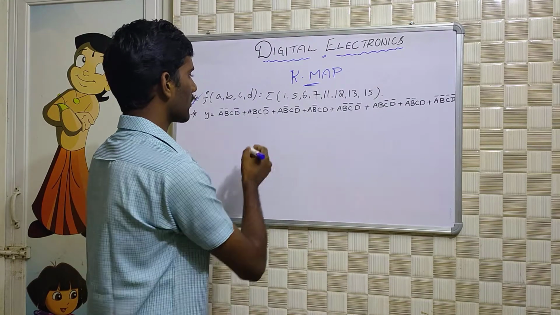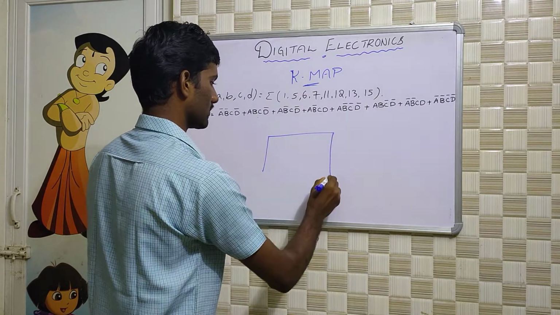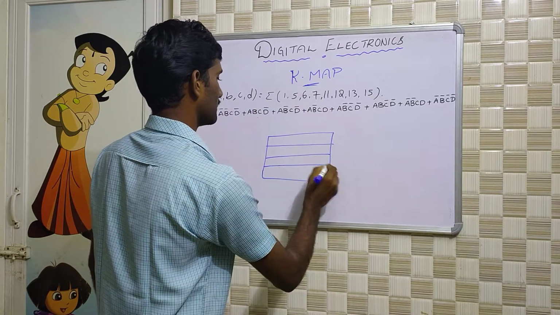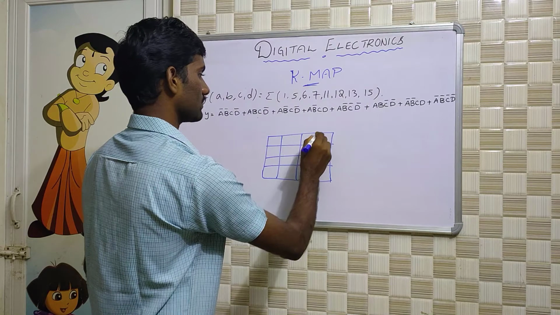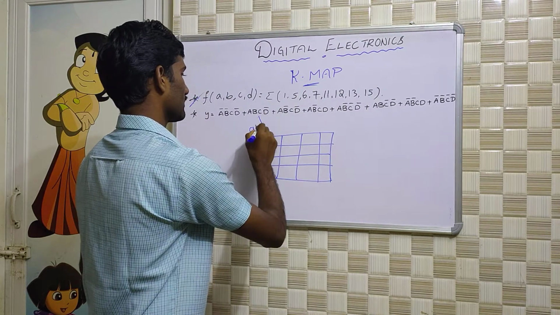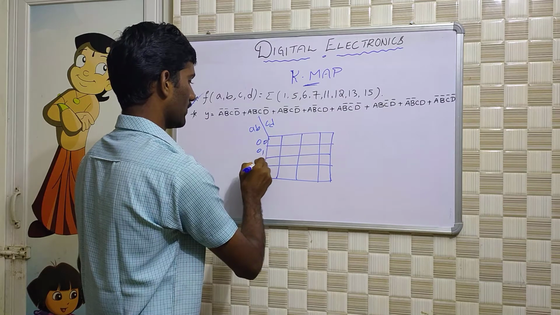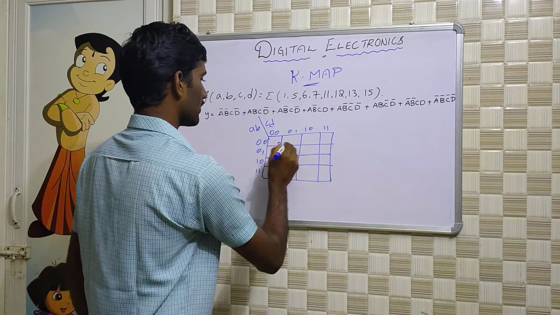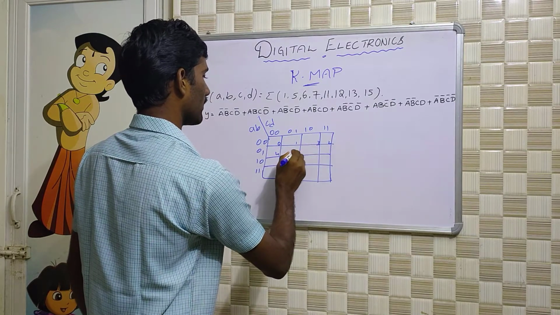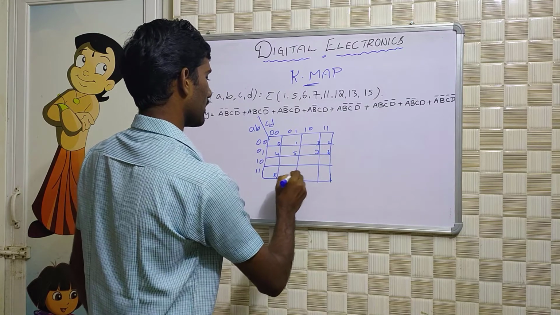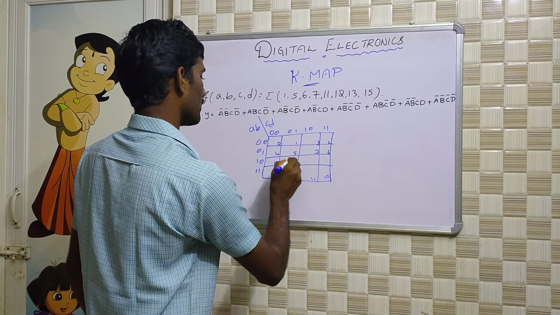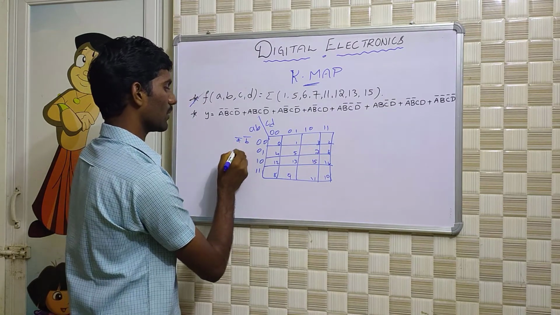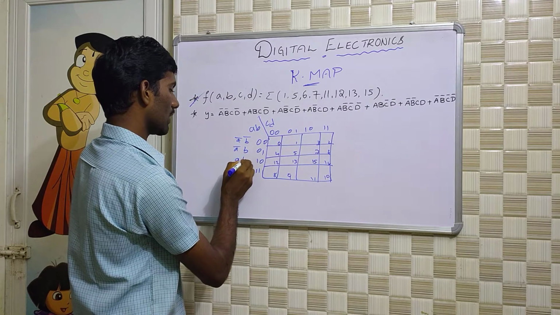Since it is also a 4 variable, we need to take 16 cells. 0 0, 0 1, 1 1, 1 0. Then 0, 1, 2, 3, 4, 5, 6, 7, 8, 9, 10, 11, 12, 13, 14, 15, and also this is A bar B bar, A bar B, A B bar.